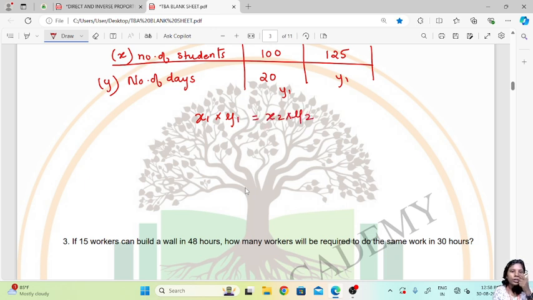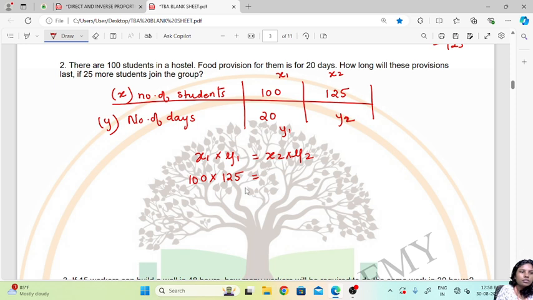Now x1 is 100, y1 is 20. X2 is 125, into y2 which is unknown. So this will be 100 into 20 upon 125 equals y2.